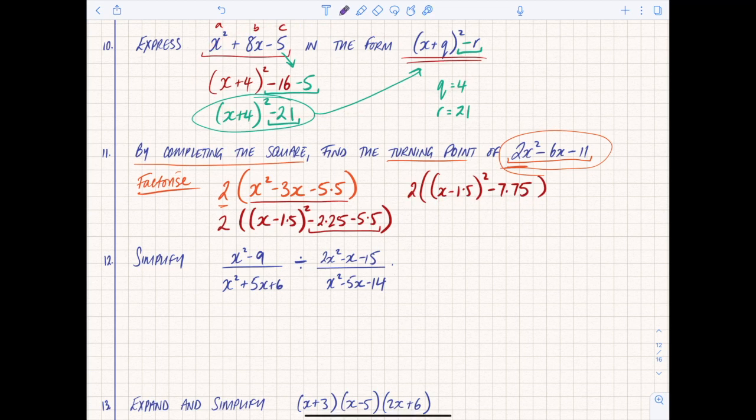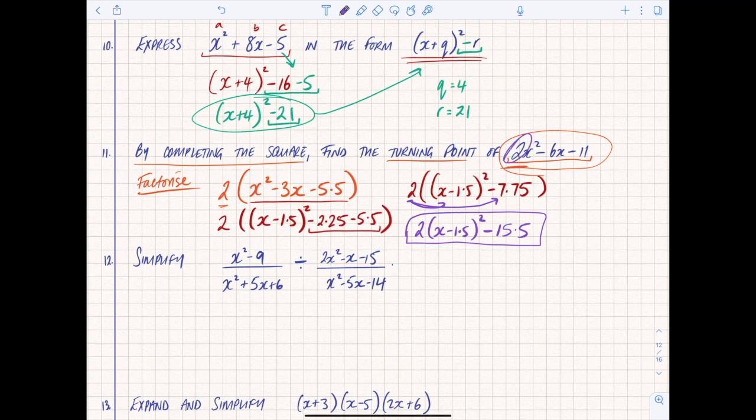But what I'm now going to do is effectively imagine I multiply this by this, so I'm just going to leave it factorised like that. And then I'm going to do the 2 times this bit here. So 2 times minus 7.75 becomes minus 15.5. So this is now the correct format for completing the square when the x squared is greater than 1.